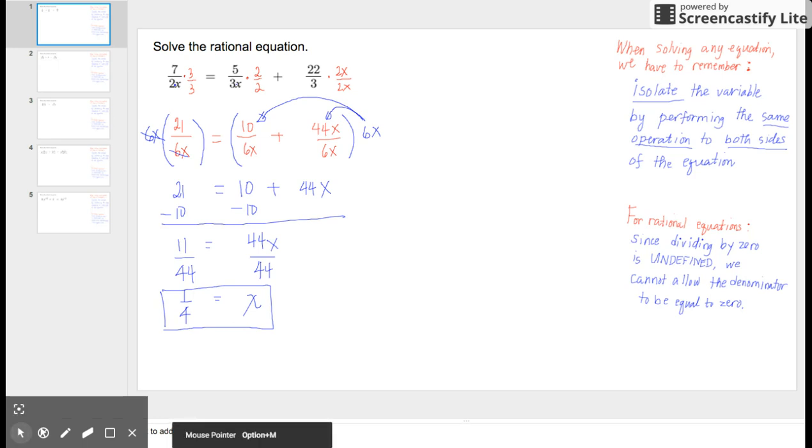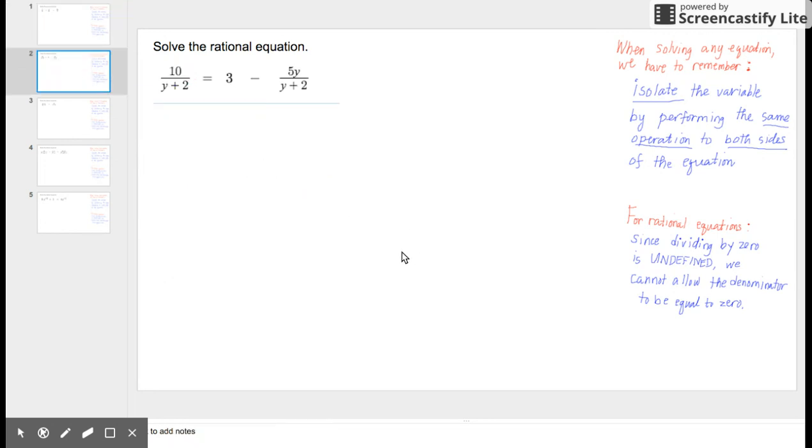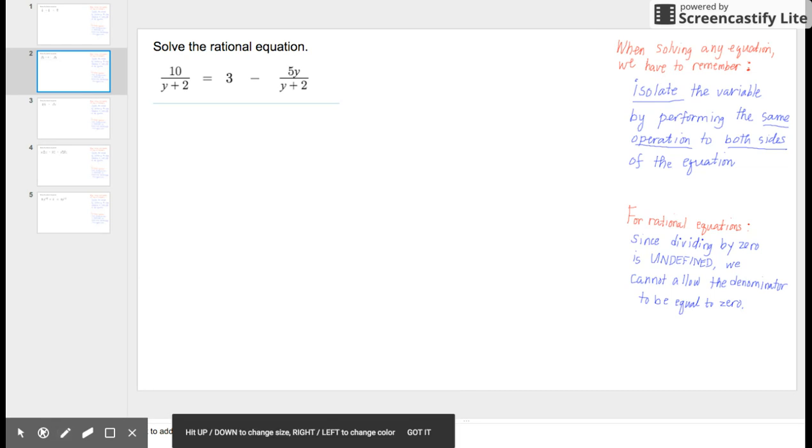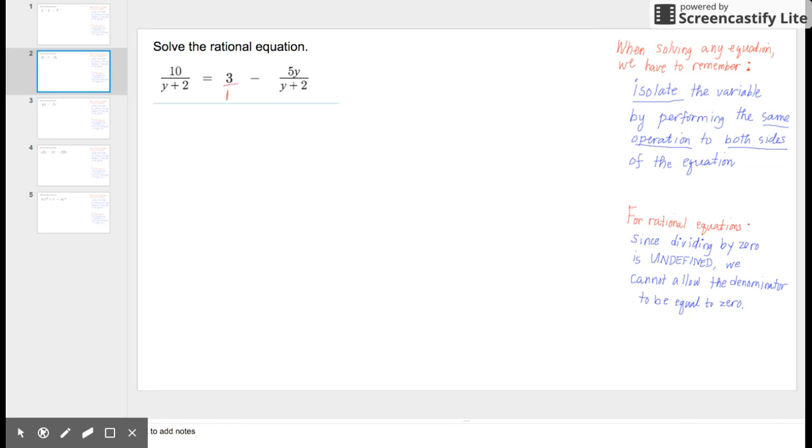Let's move on to the next equation. We will apply the same strategy. In this equation, two fractions already have the same denominator, but this number 3 does not have a denominator, so we can put a 1 underneath. But it's different from the others, so we have to multiply this by y plus 2 over y plus 2.